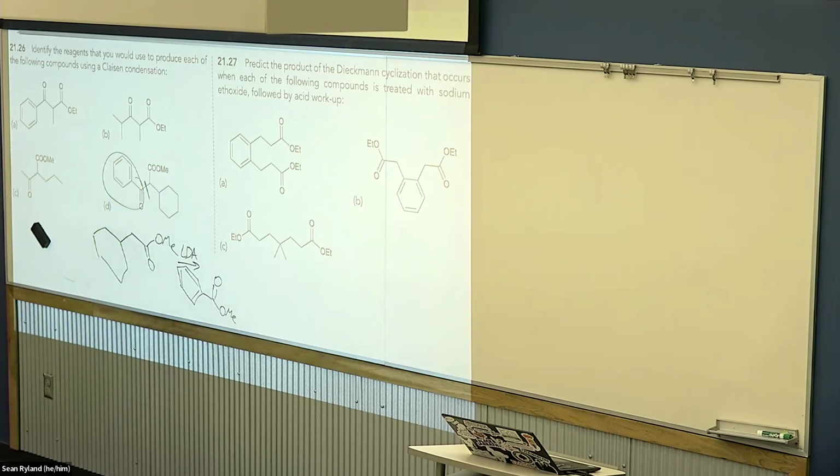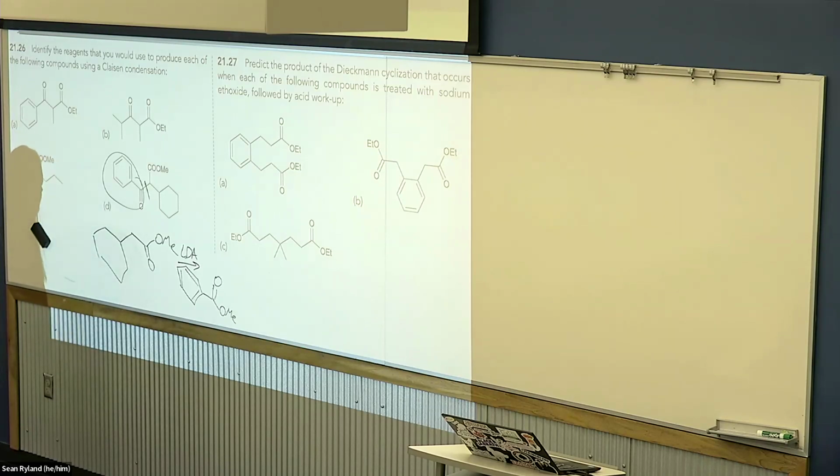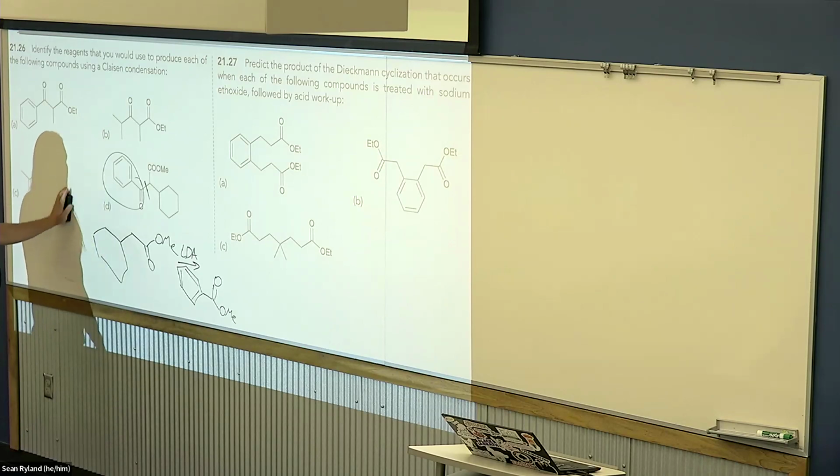So we start with cyclohexyl ethanoate, and LDA to irreversibly turn it into the enolate. Add the methyl benzoate. Here we go.